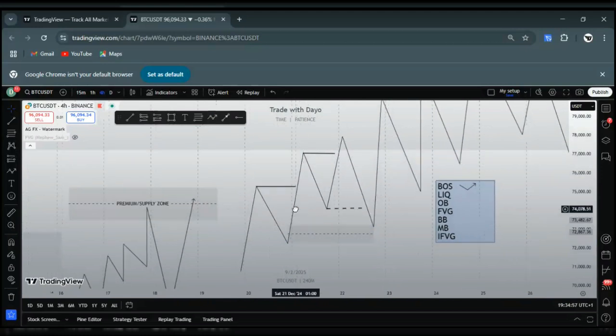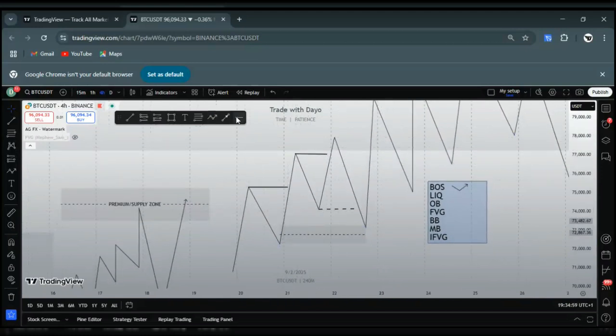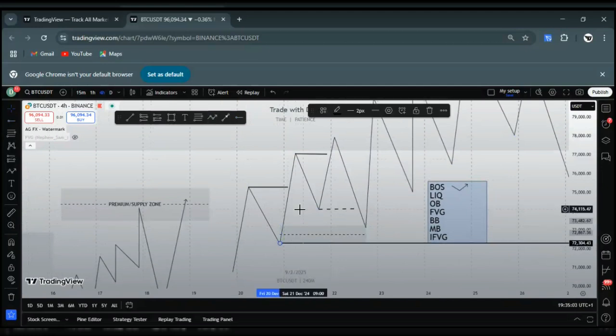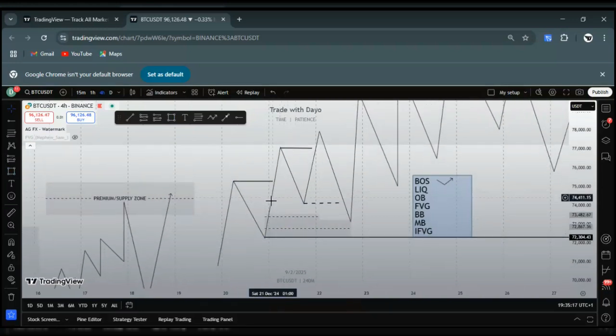If you see a fair value gap before the order block, then it validates that you are in the right zone. So when you see something like this, a fair value gap here before the order block here, then you should know that you are in the right zone.